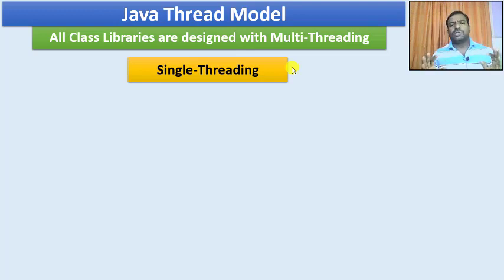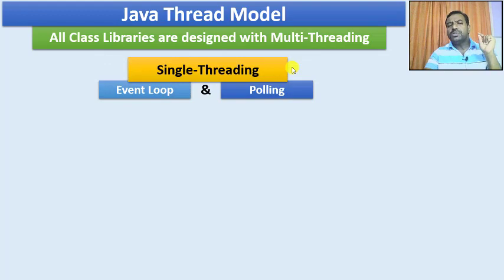Right now, understand how to handle a single thread first. Clear? So single threading is going to work with an event loop and polling. Whatever the C program, C++ program, or Java program with one single line of execution we were talking about, it falls in this category itself.